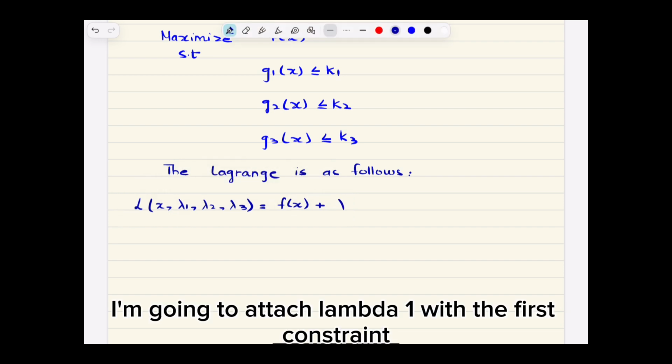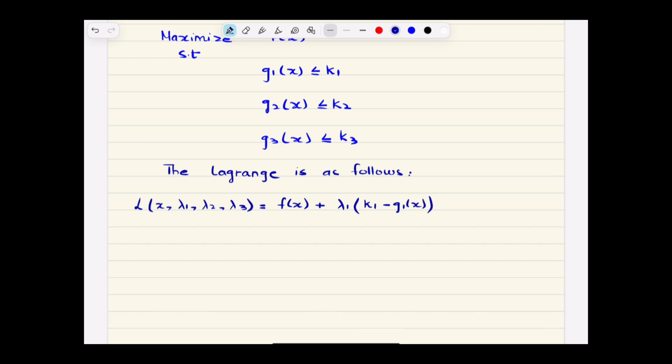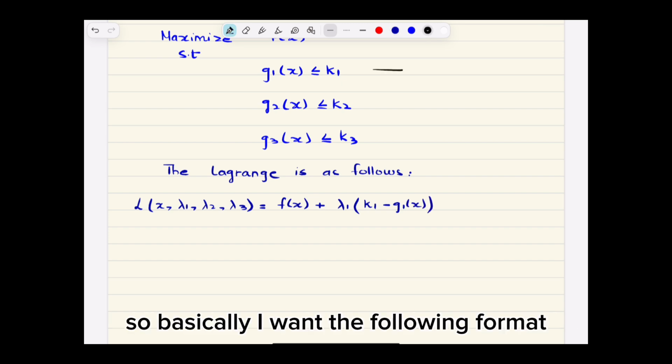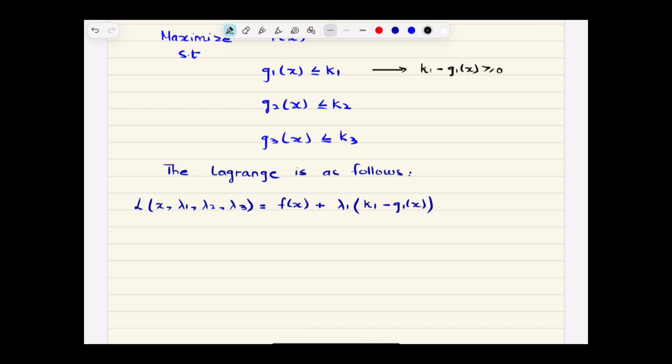So I'm going to attach lambda 1 with the first constraint, and I'm going to write it as k1 minus g1(x). So basically I want the following format: k1 minus g1(x) is greater than or equal to 0.